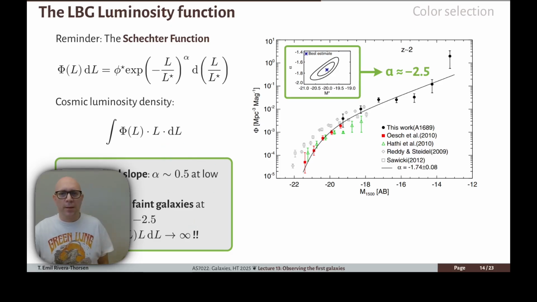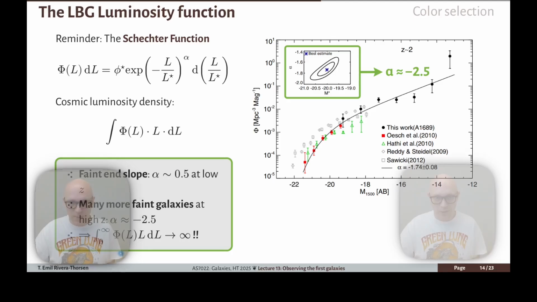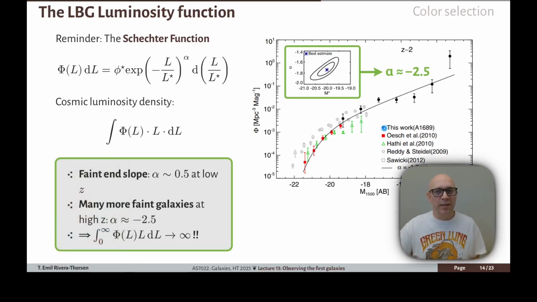The point is that the slope here is much steeper towards more faint galaxies, which gives us a problem in the sense that if we integrate this Schechter function with this slope over all luminosities, we will get infinite luminosity. So clearly there needs to be some kind of cutoff, both at the low luminosity and at the high luminosity end of this function, in order for it to be physical.